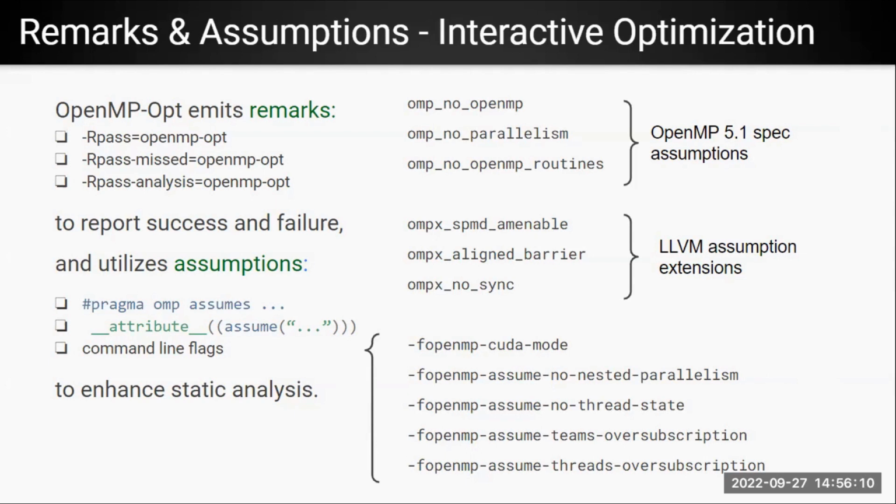So don't put them everywhere. Just put them if you're required to, if you're asked to. There's no point in blatantly putting assumptions everywhere. That's not going to help anyone. And in command line flags, it's probably the easiest way to get performance or to break your program. If you violate the assumptions you give to us, you're on your own. If you don't violate them, your performance is probably going to be better.